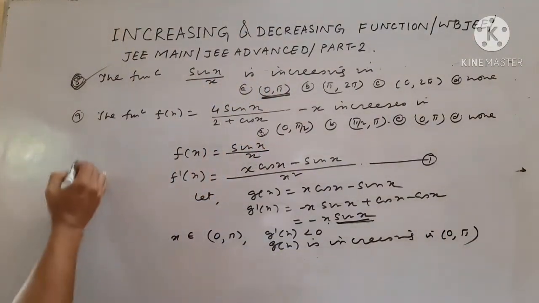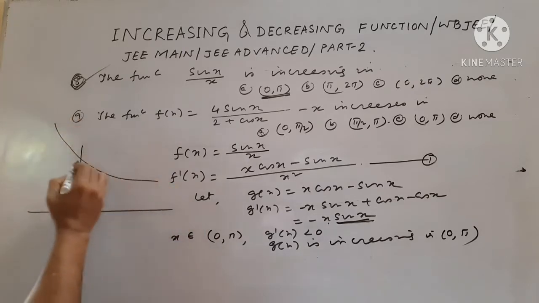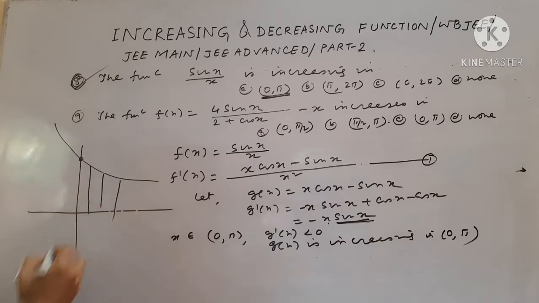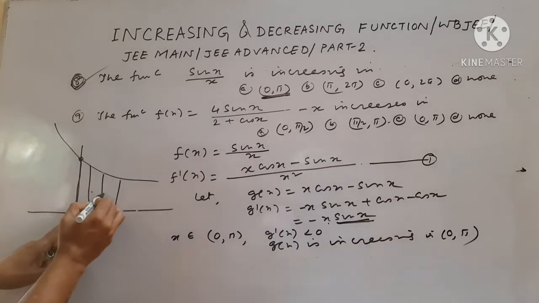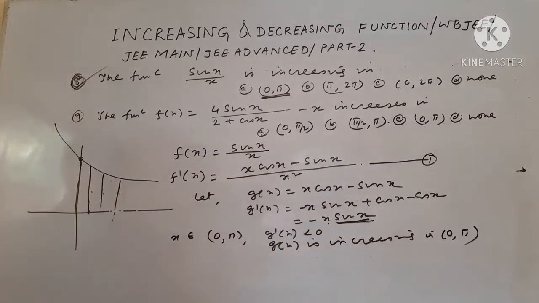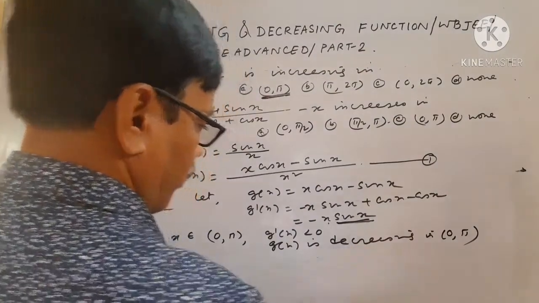We need a result here. If it is a decreasing function, this is g(0) and these are g(x). So g(x) is less than g(0), because it is a decreasing function.